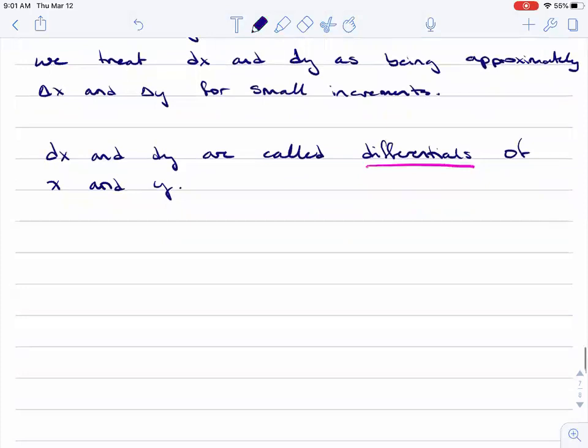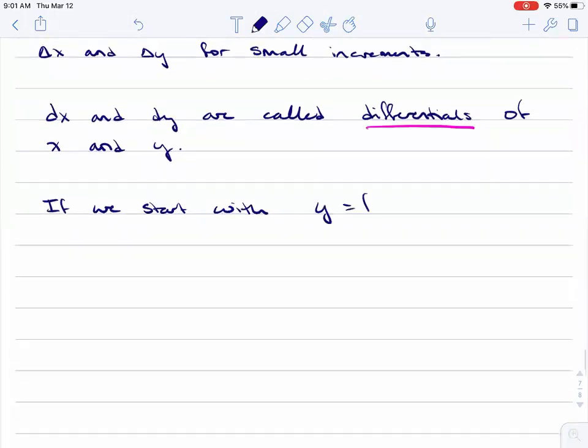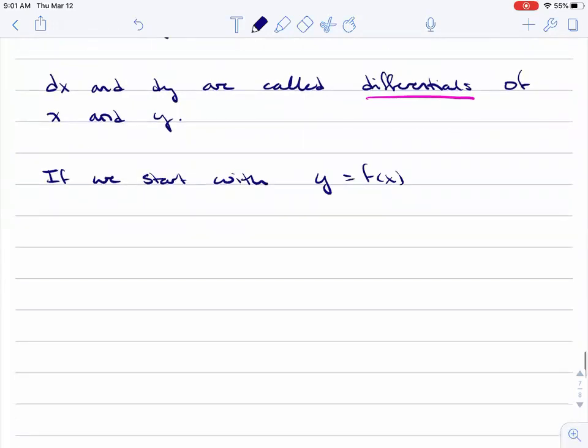But if we start with y equals f of x, we can write dy dx equals f prime of x.